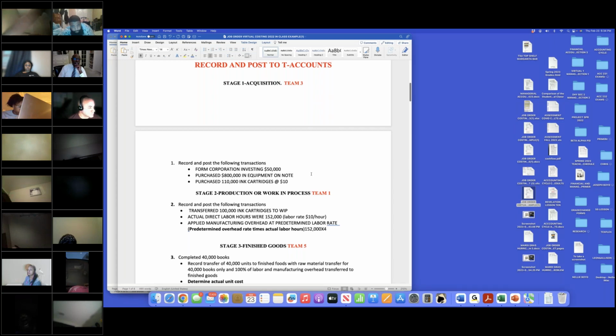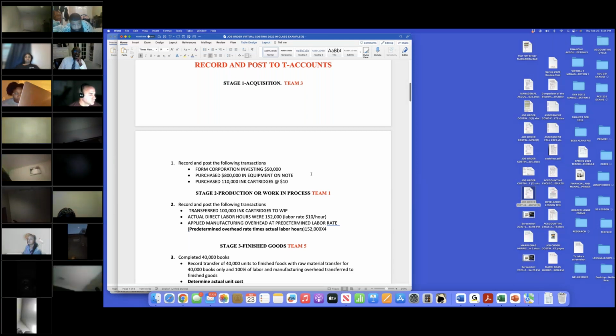No, you have to buy them: 110,000 ink cartridges, and they cost $10 each, so you multiply 110,000 by $10 and add a zero. That would be 1,100,000. Yeah, one million one hundred thousand.